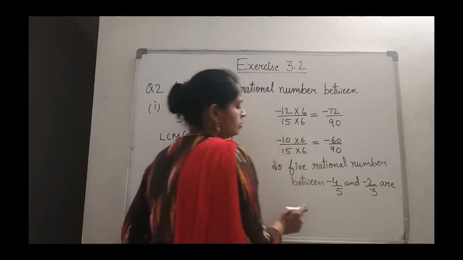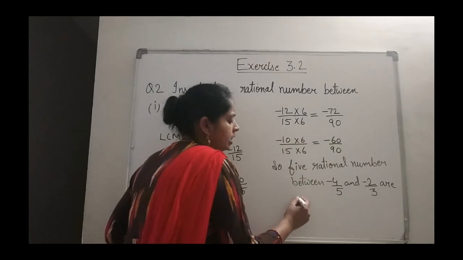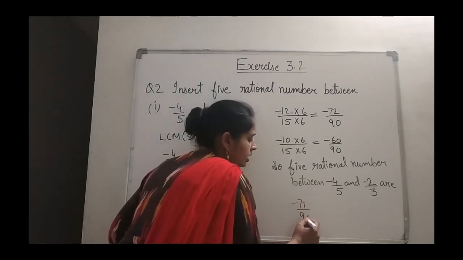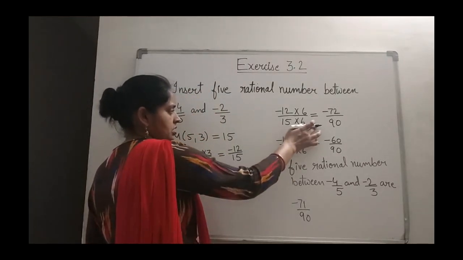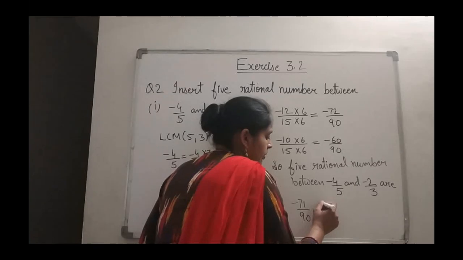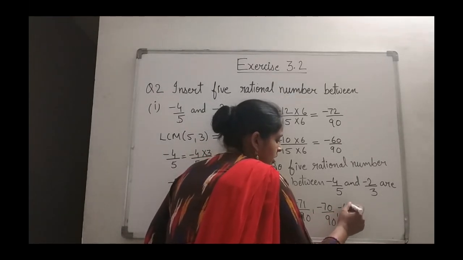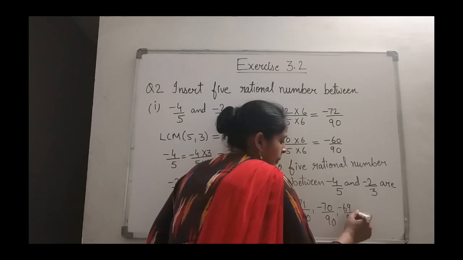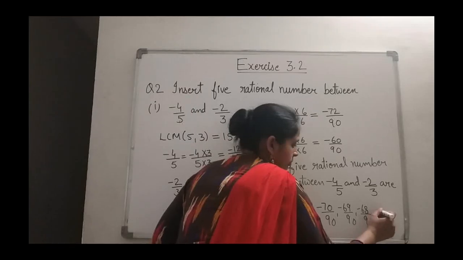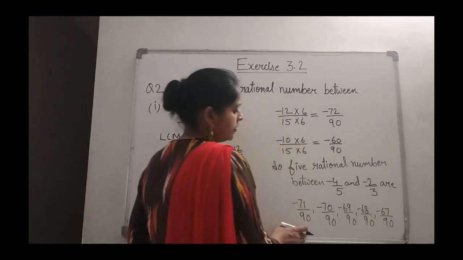So the rational numbers between these two will be what? -72, so -71 we will write. We cannot write -72 upon 90 because that is the corner number. So -71 upon 90, -70 upon 90, -69 upon 90, -68 upon 90, -67 upon 90. So these are the 5 rational numbers.